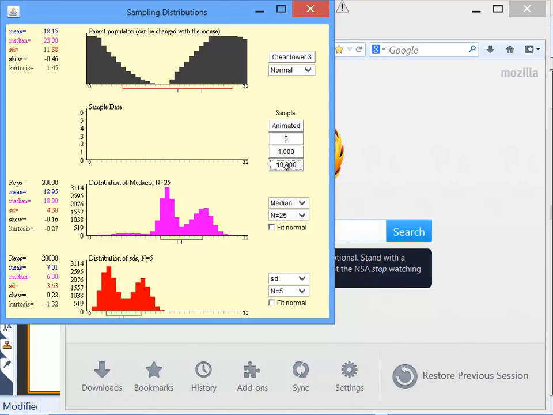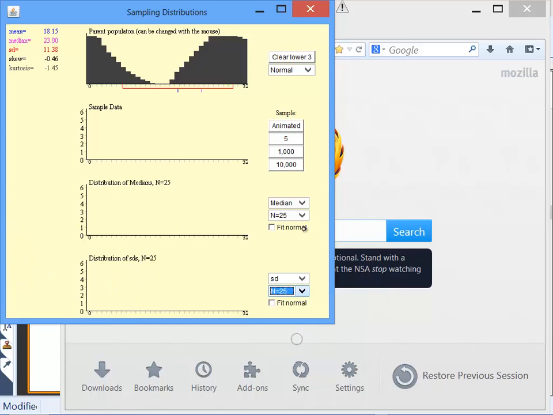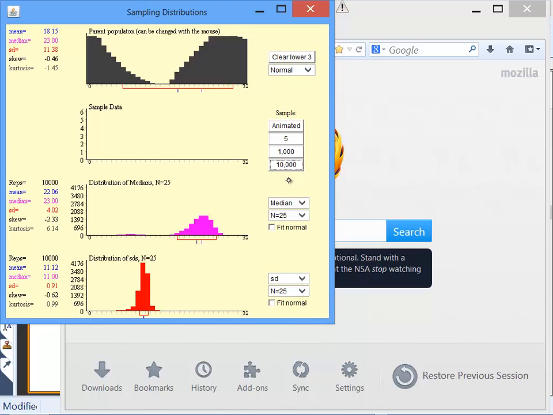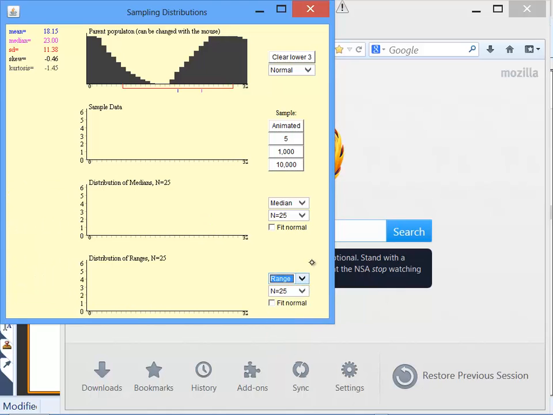Okay. Notice when I started with this weird parent population, my medians are not normally distributed. I have this left skewed clump right here, and then I also, if you can see it, have another clump down here. Okay? And again, my standard deviations are kind of skewed as well. Or let's say I wanted to find the range and the variance.